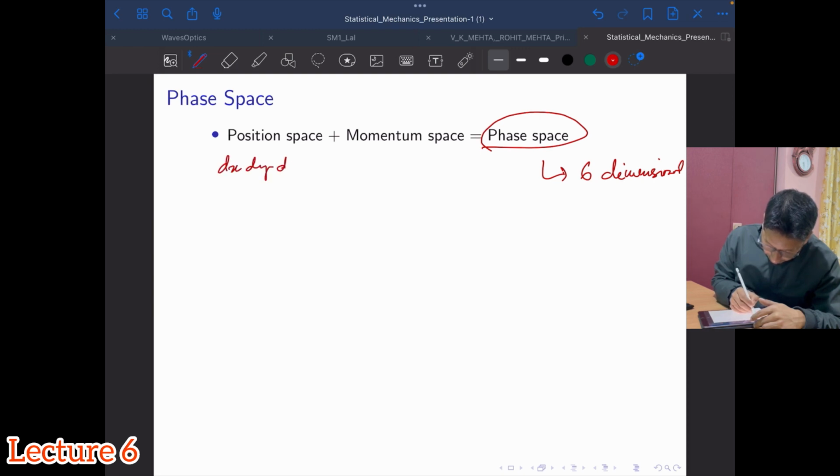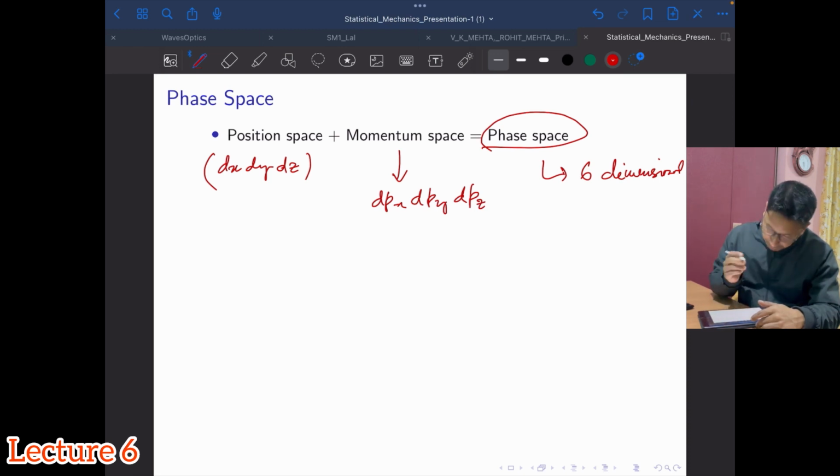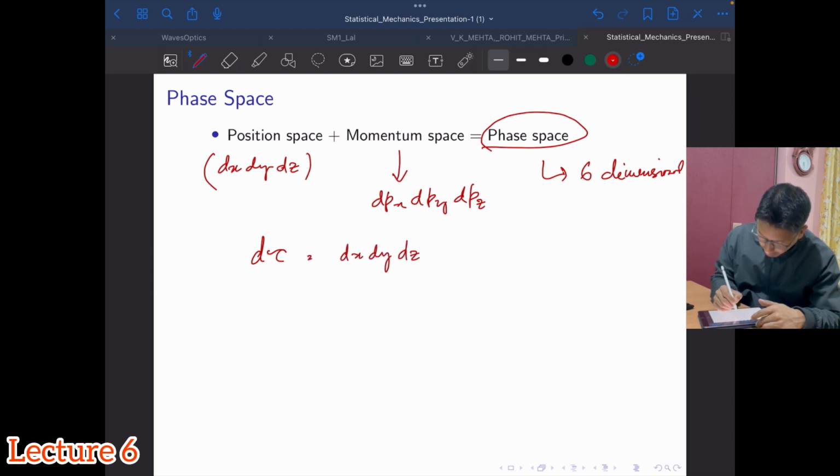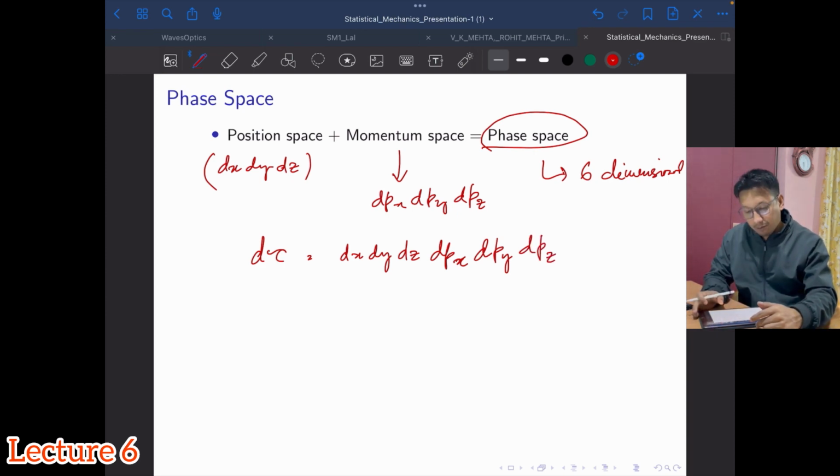Similarly, in momentum space, I can consider dpx, dpy, dpz. So for the phase space, the volume element is typically represented by d tau, which is the product of all these quantities: dx, dy, dz, dpx, dpy, and dpz. So this will give you the volumetric element.